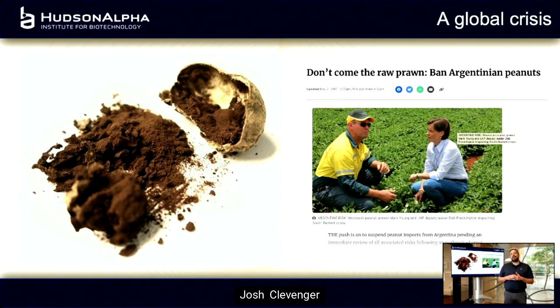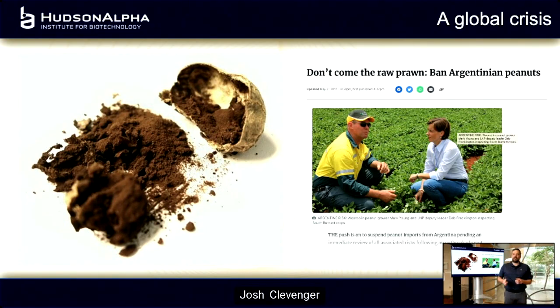And at the end of the year, when you dig up those peanuts and you open them up and they just become spores in the wind, and you have 50% of the yield, and the other 50%, no one wants to buy from you because they don't want to spread that disease across the globe.